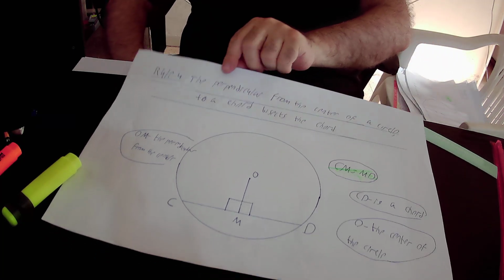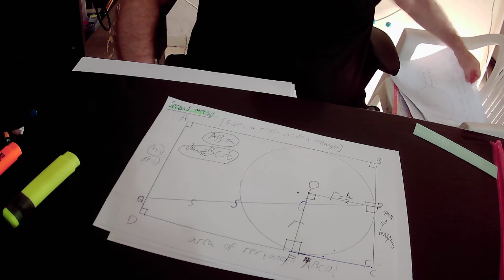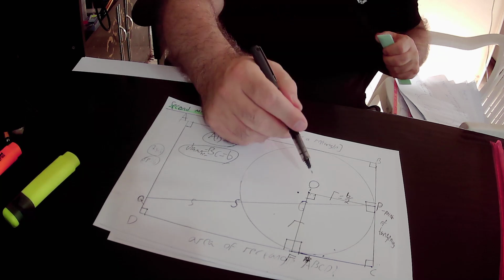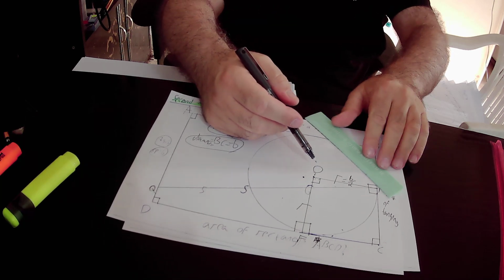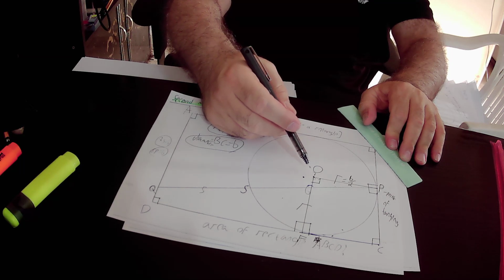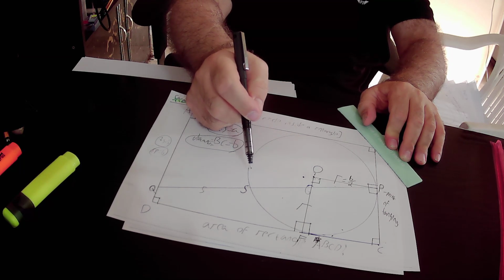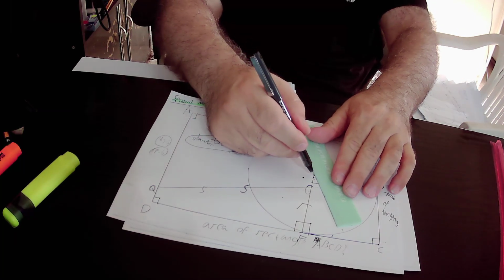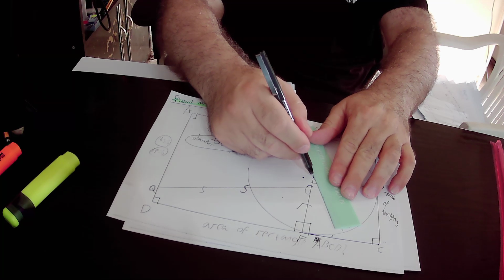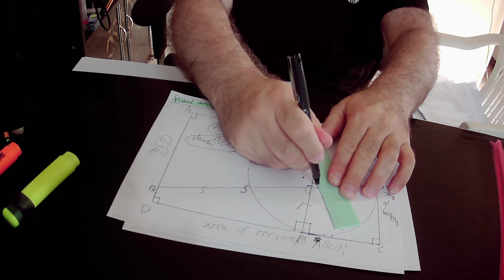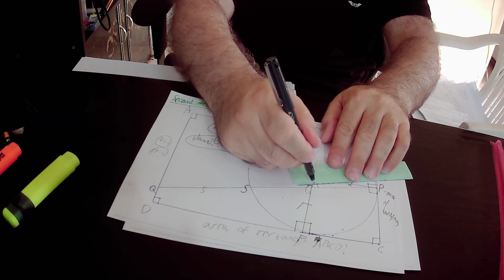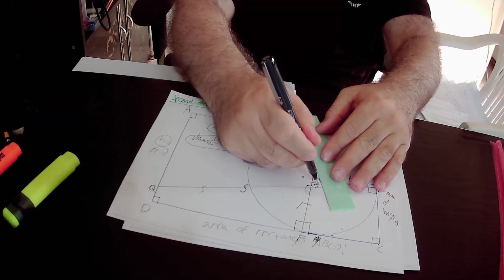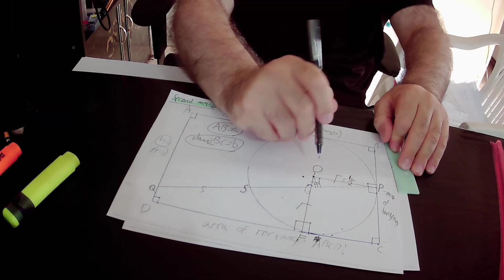Okay, so here we implement rule number 4 in our drawings. We will draw from the center of the circle, that is to say from point O, a perpendicular on chord SP. So this angle equals 90 degrees and this angle also equals 90 degrees according to our construction.